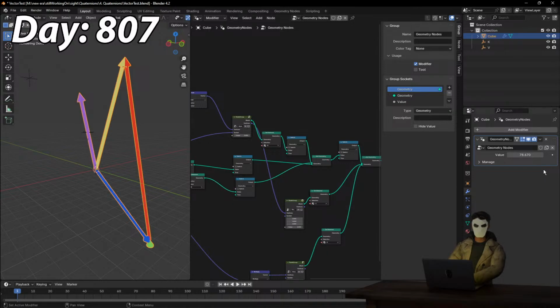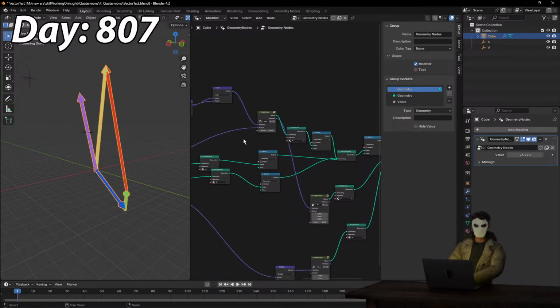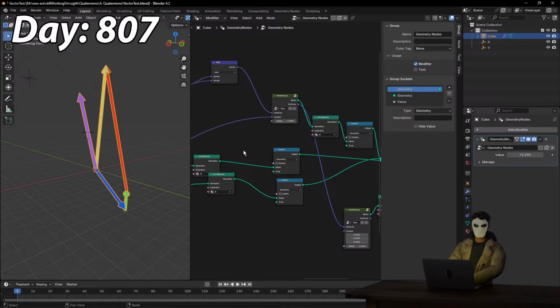Now u dot v. Why is u dot v there? An easy way to check would be to just remove the u dot v, see what happens, I suppose.